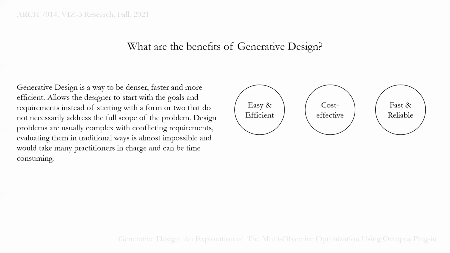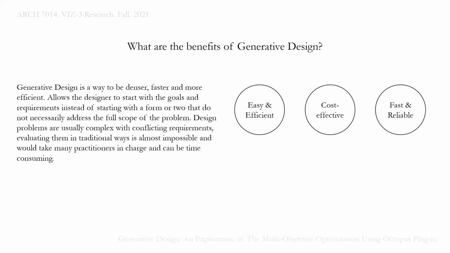It is about reversing the design development way, and instead starting with the actual reality, the actual real life constraints, the actual real life requirements, and the actual project's scope. So starting with this instead of starting with a form or two that do not necessarily address the full scope of the problem.